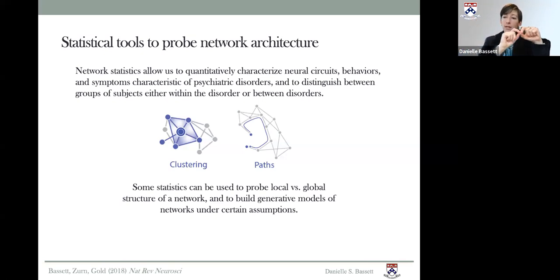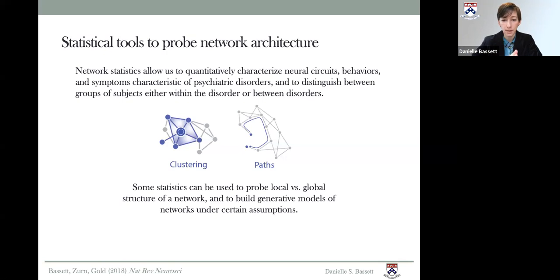Well, perhaps if we could write down a simple rule that says, oh, the brain should have this structure and this structure so that it can perform information processing in this way, that would help us to better understand what the brain does and how it does what it does. And such a generative model could then be tested and validated against experimental data and further refined.